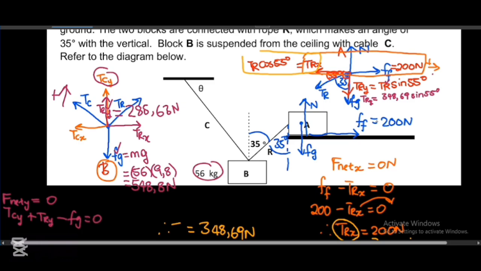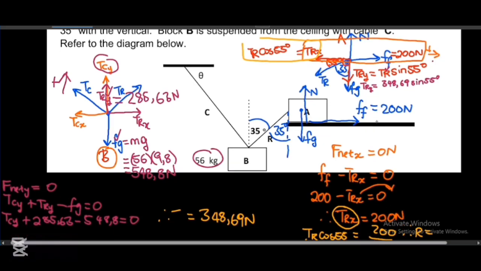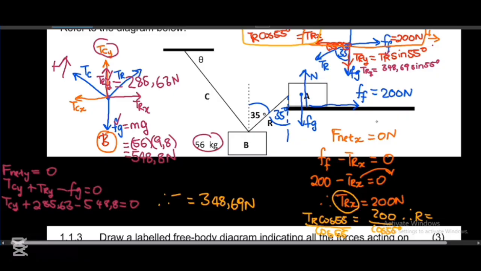Then we'll substitute Try, which is 285.63, and Fg, which is 548.8, and then we'll put our TCY there, and punch that on your calculator. Punching that gives us negative 263.17, and then TCY equals 0. Therefore, TCY is equal to 263.17, since we took the negative 263.17 to the right hand side.